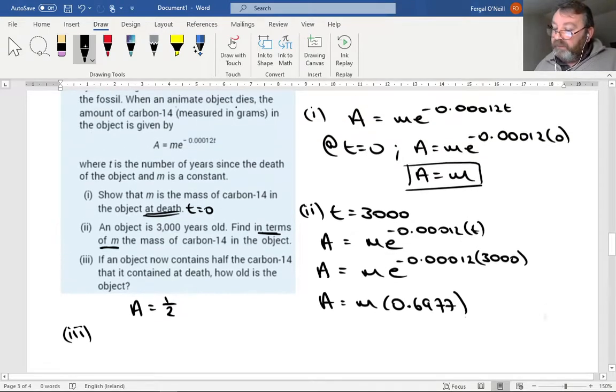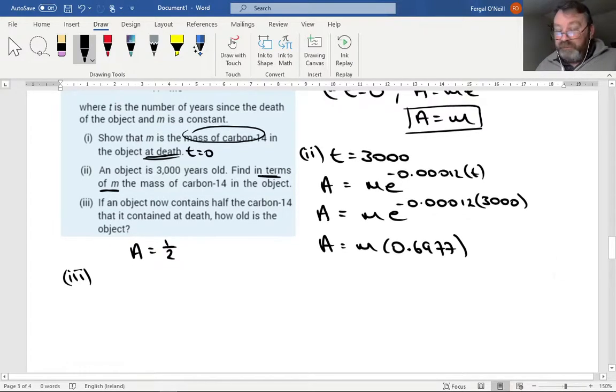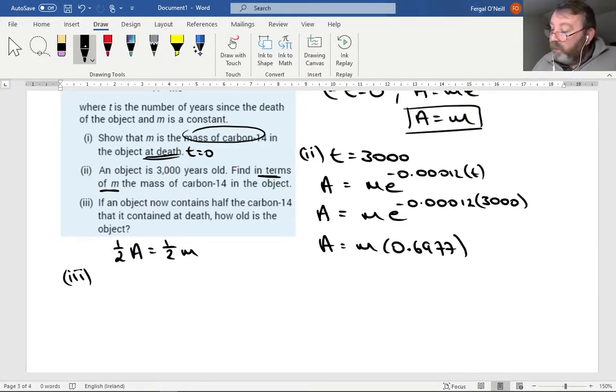It says here, the mass of carbon-14. So M is the mass, so therefore A and M are interchangeable. So if you want half the amount, you're going to have half the mass. So again, I'm going back to this formula in case I need it. If an object now contains half the carbon-14 that it contained at death, half the amount can be interchangeable with half M.